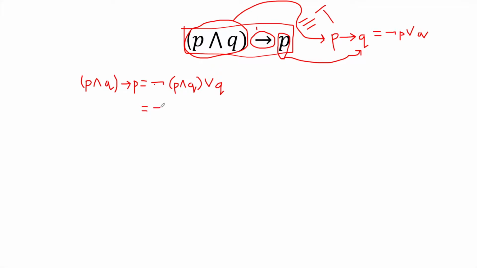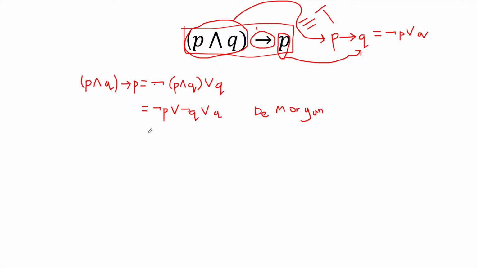It will be negation P or negation Q or Q. This one by using De Morgan.